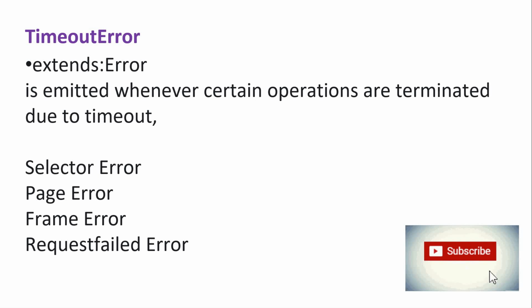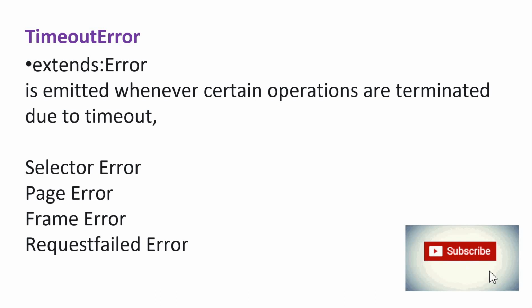Then we have frame error, like the switch to frame error, right? We have discussed in Selenium the no such frame exception. This occurs when dealing with frames or iframes and an operation cannot be executed. When the operation is not able to execute, then we have a frame error.